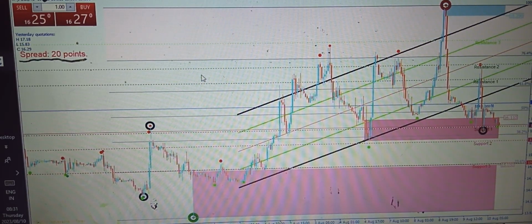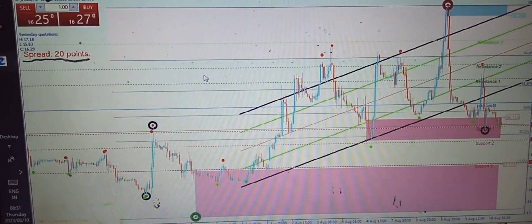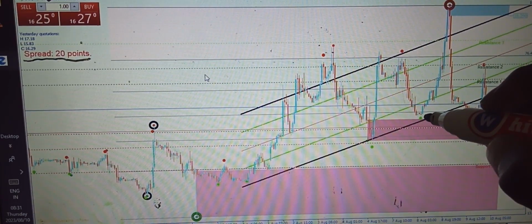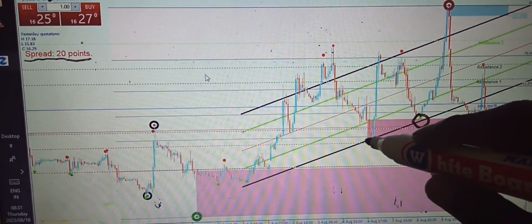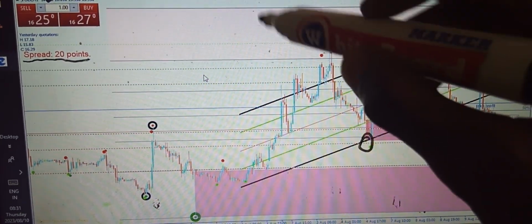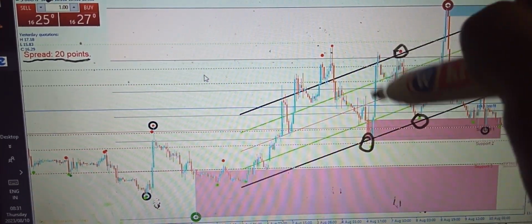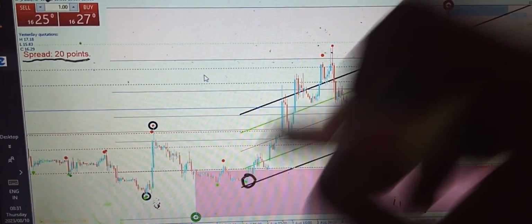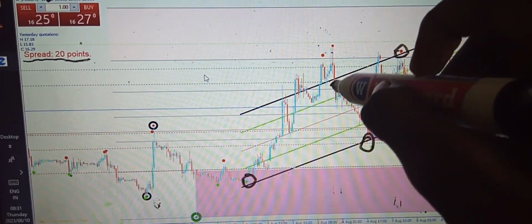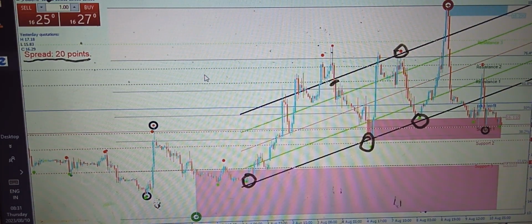If you check your graph right now, you will find that the volatility index has been buying. The only time we take signals was at this level here, then the sell at that level there, and then we buy at this level, and we sell after it closes below this level inside our channel.